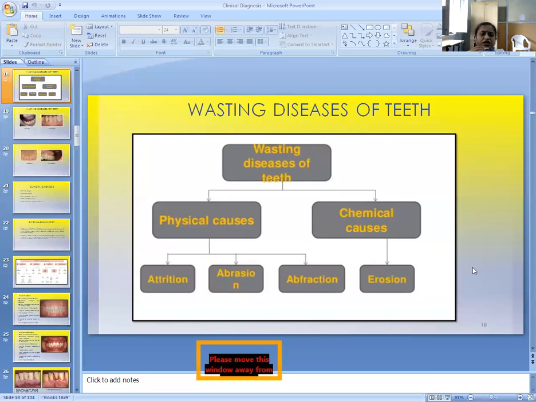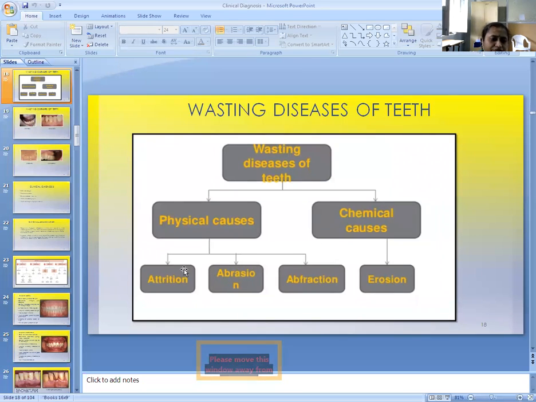Then history of parafunctional habits like grinding of teeth, where gnashing of enamel rods occurs, and it gives you the appearance of facets on the occlusal surfaces of molars.